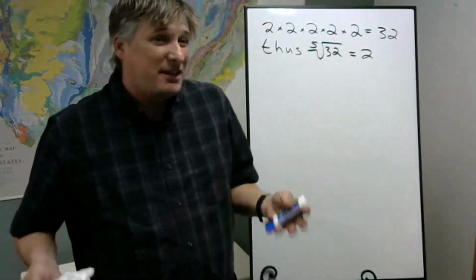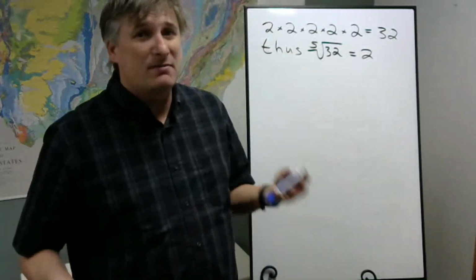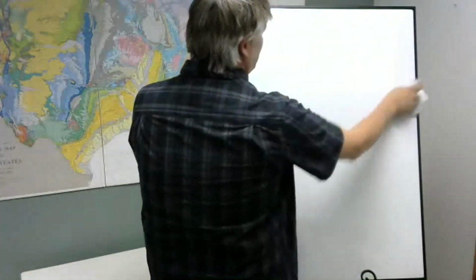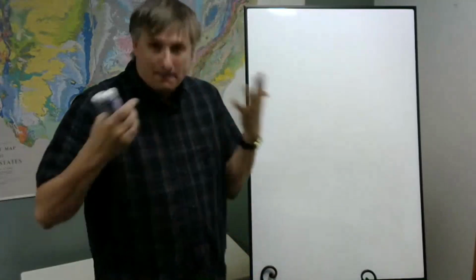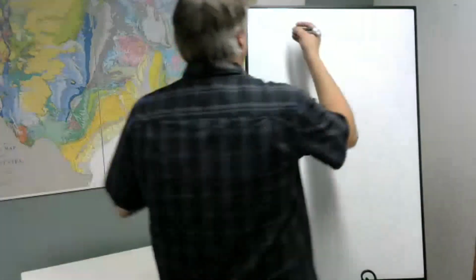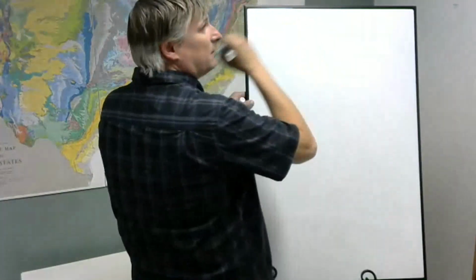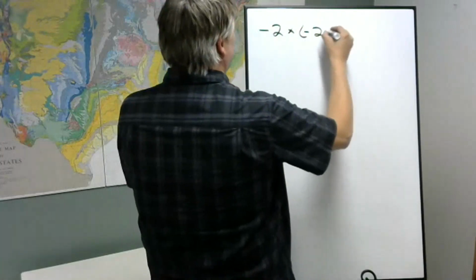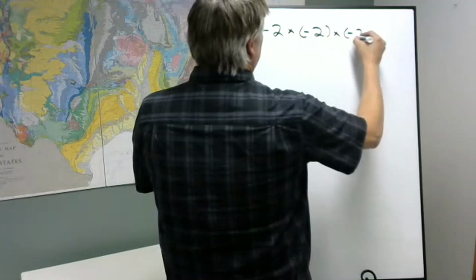Now, so far we're taking positive roots. We don't have any minus signs. So what happens if we deal with negative numbers here? Well, let's start with -2 times -2 times -2.